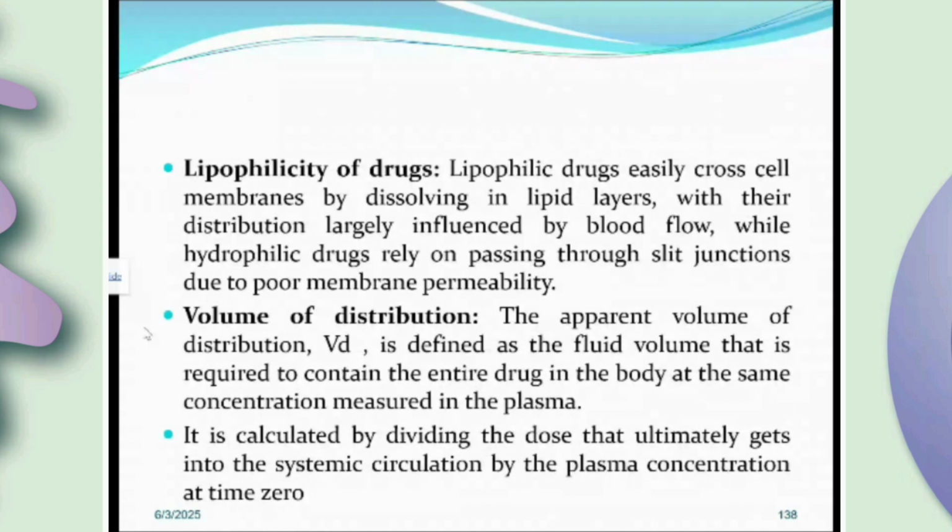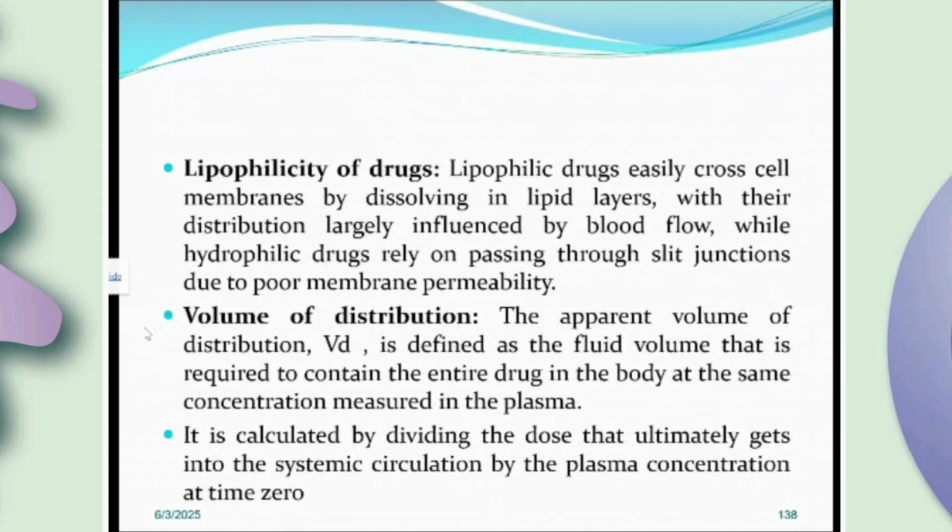Now, what is volume of distribution in this context? The fluid volume that is required to contain the entire drug in the body at the same concentration. So if, for example, in 20 liters the concentration is 5, and the amount of drug is 1 milligram, what volume of a different fluid will contain the same concentration if it also has only that 1 milligram of Panadol?